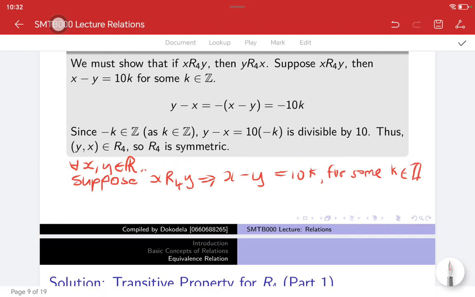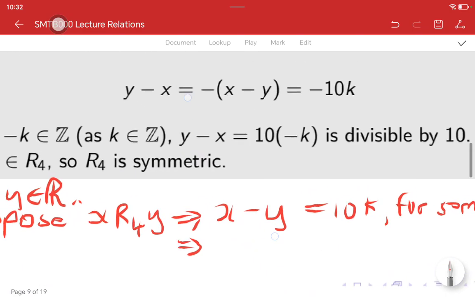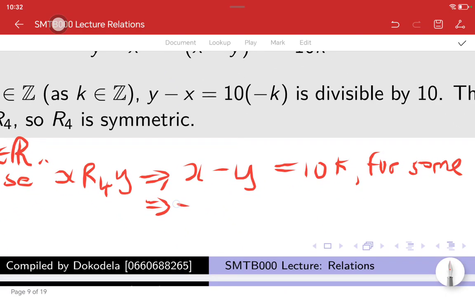Now we apply commutativity. Remember I said that we must commute between these two. Since they're on the same side, we're just going to commute on the same side.